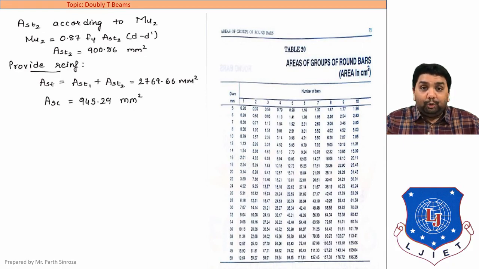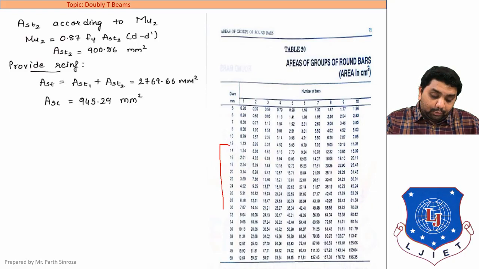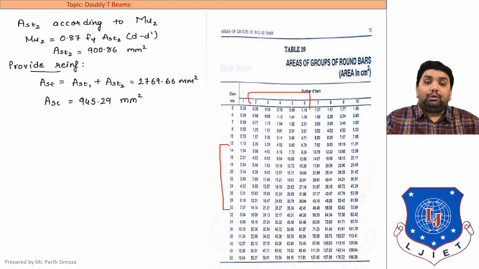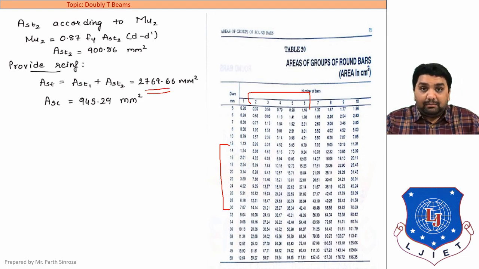I have left it up to you to select the number of bars, because you always know that the range of diameters we'll be using is from 14 to 28, or you could go to 30, and the number of bars you could provide is from 2 to 6.